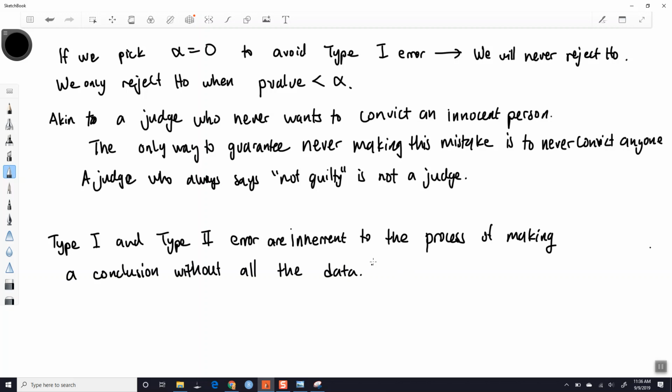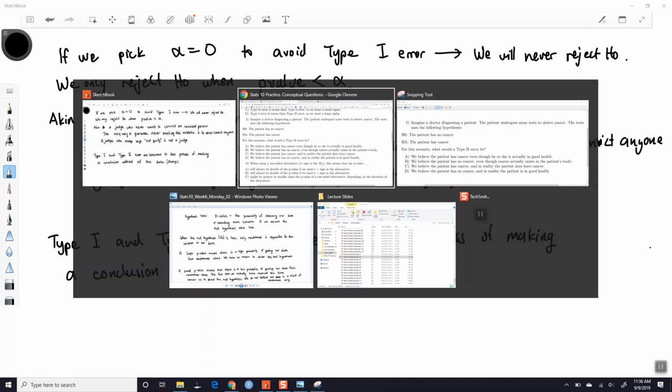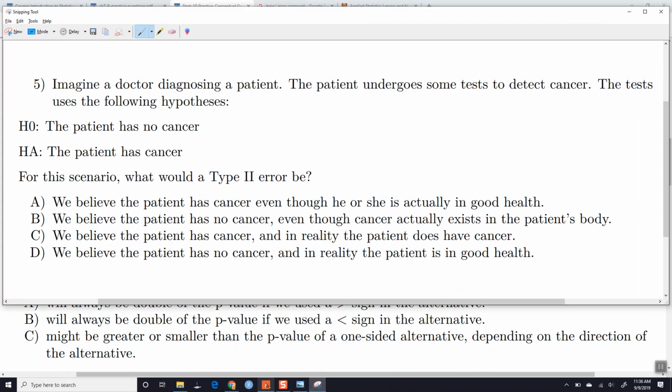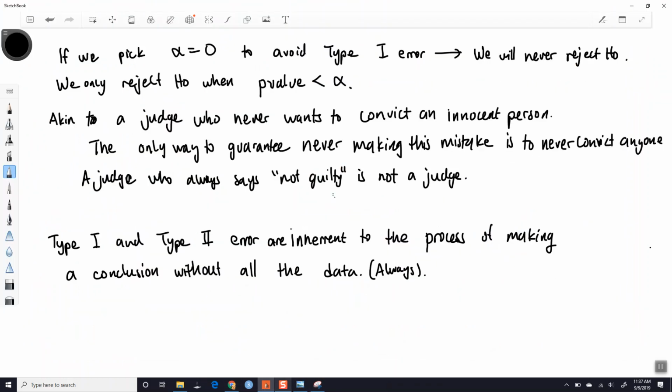Okay, so that's basically always. I guess the only way to avoid it is if you somehow gain knowledge of everything. Probably not possible in our reality. Okay. And I guess Dr. Strange can do it.